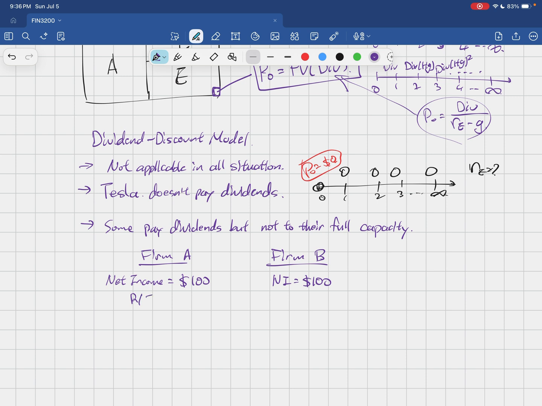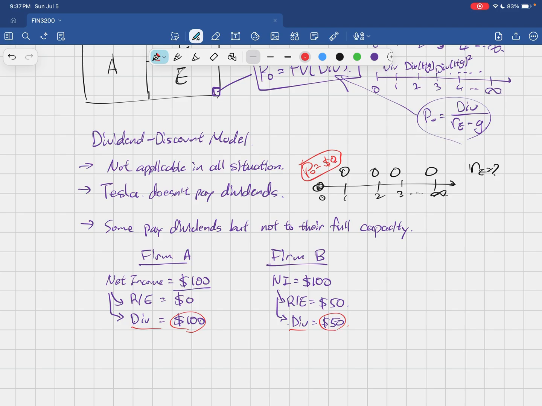Their dividend payout policy is different. Firm A retains nothing in the firm and pays everything to shareholders. So of the $100, they'll pay everything to shareholders, whereas firm B chooses to retain $50 in the firm to fund future growth and pays out $50 to shareholders. If we use the dividend discount model, we'll be using this number and this number to value the shares of A and B, but this could be very misleading.